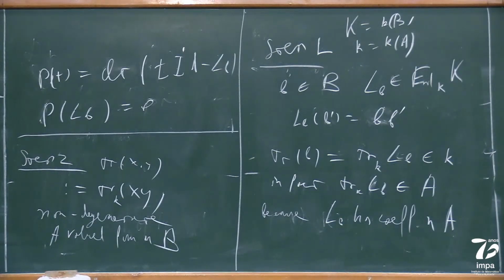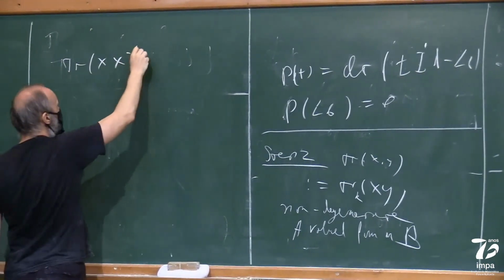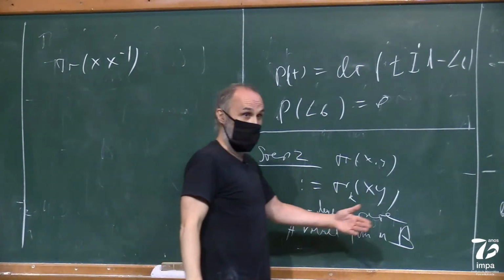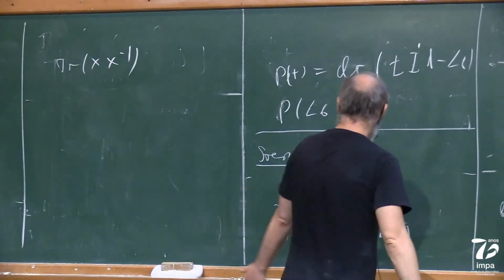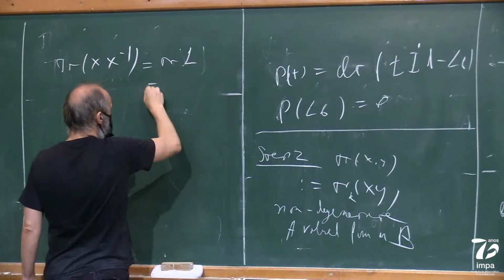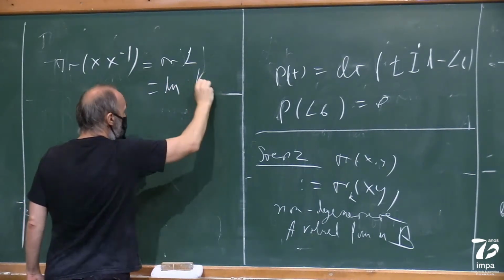Non-degenerate because trace of x to the minus 1, x to the minus 1 of course doesn't need to belong to B, B is a ring, but it belongs to the fraction field, is trace of 1, which is just the dimension of K big over K small.